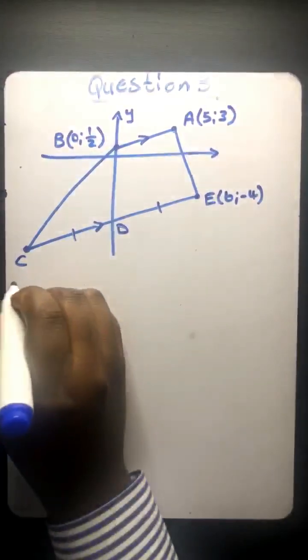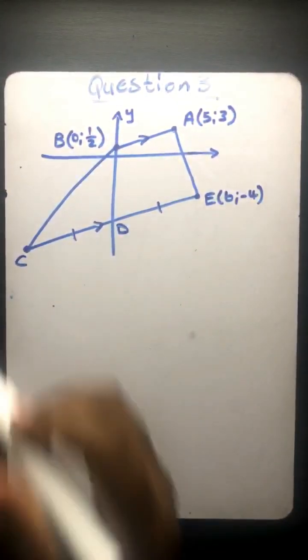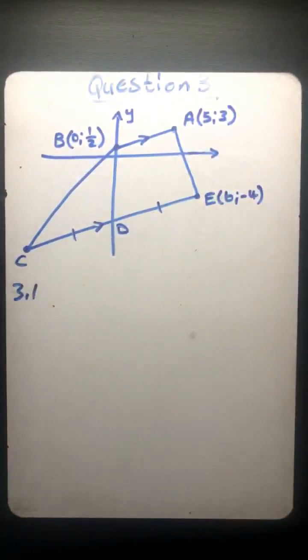So let's see. The first question, 3.1, says calculate the gradient of AB. Remember, analytical geometry is a game of two things. What is the formula for calculating the gradient?